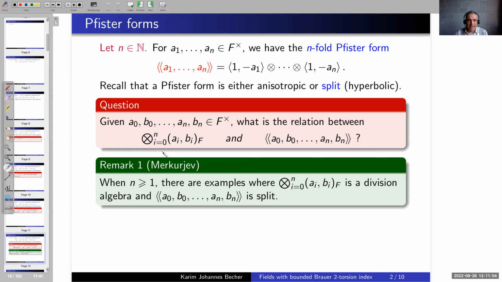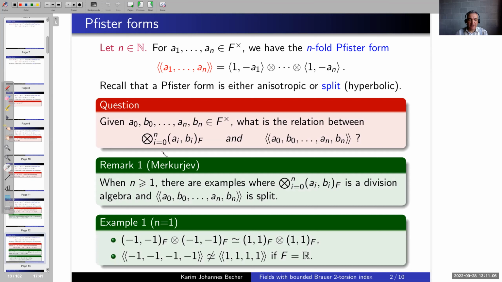Well, there is an easy counterexample if you ask it very naively, because I took a tensor product of n+1 quaternion algebras here. This is just for technical reasons, so already the case n equals 1 is about the tensor product of 2 quaternion algebras. Now I could take all the a_i, b_i here to be minus 1, and I will get a split algebra, which I could as well get by taking just ones instead of minus ones. That would hold over any field.